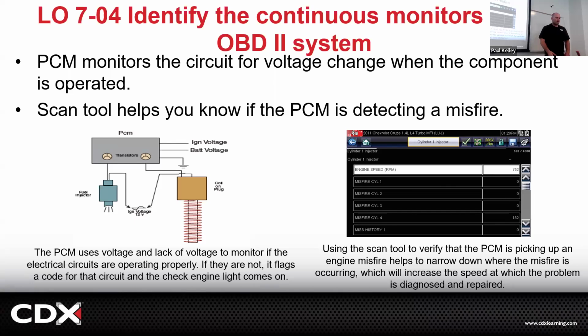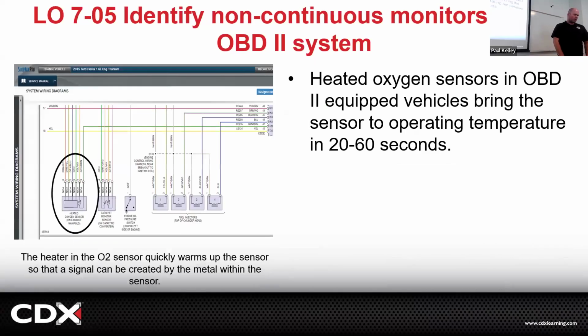Cool. Also, it can detect a misfire as well. So if we were to look at how it's trying to detect a misfire, we could look at, let's just say, probably the crankshaft and camshaft position sensor, and it'll know where your crankshaft is. Well, we'll focus on crankshaft.